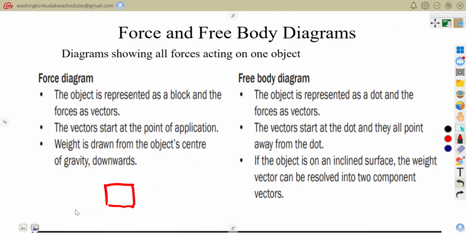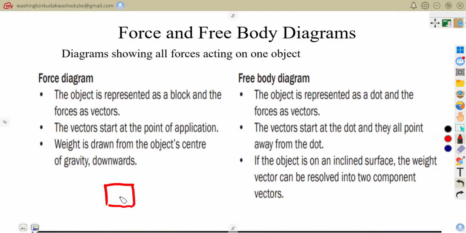You also draw a straight horizontal line to represent the surface if there is a horizontal surface. But when you are drawing the force diagram itself, this horizontal surface will not be there.